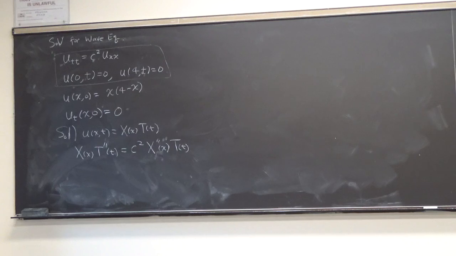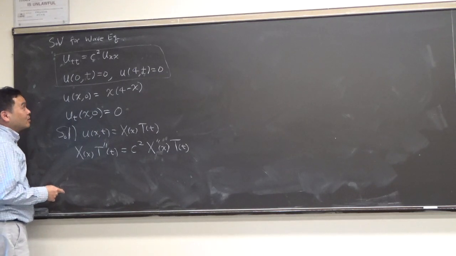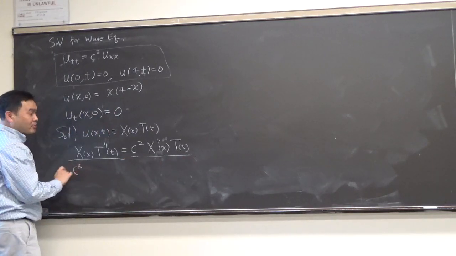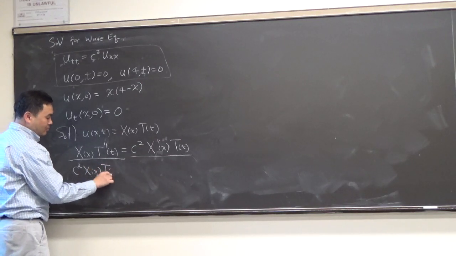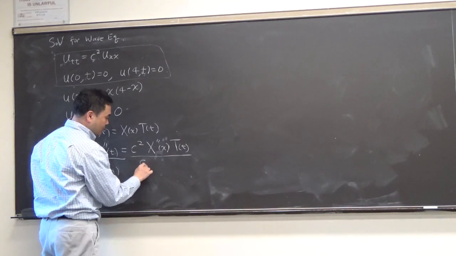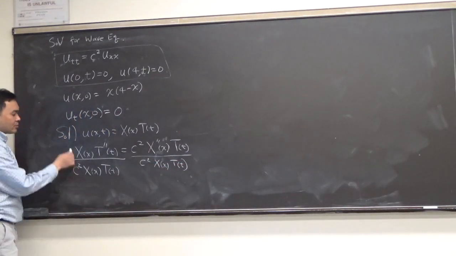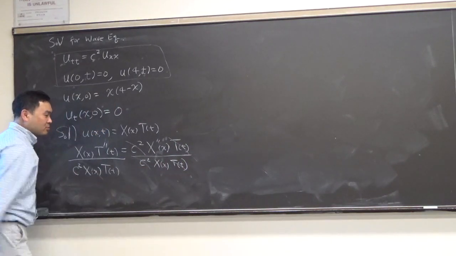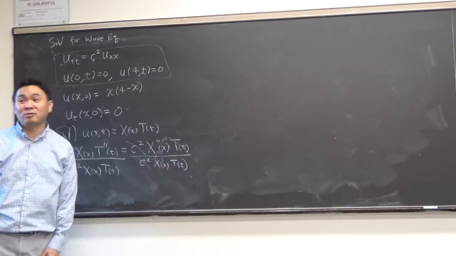It's very similar to the heat equation separation of variables. What should you do next? Divide both sides by c squared X T. So that on this side X cancels out, on this side T cancels out, c squared also cancels out, and the result is that you have a function of t equals a function of x.